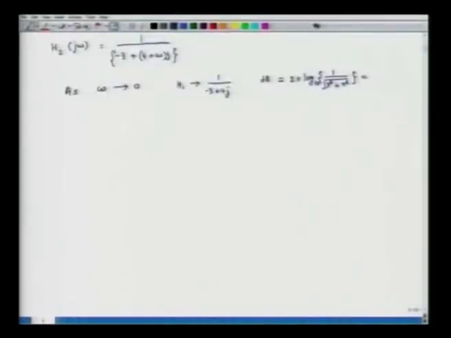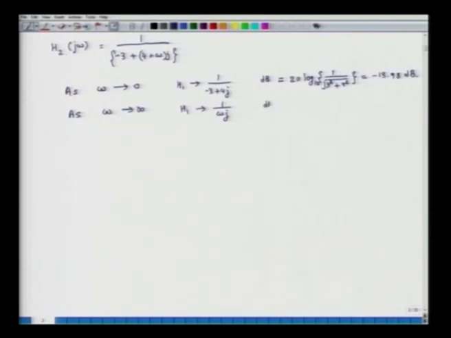So, once again the low frequency asymptote comes out as a constant, and when I calculate this value, what I get is minus 13.98 decibels. And as omega approaches a very large number or infinity, H2 approaches 1 over omega j.